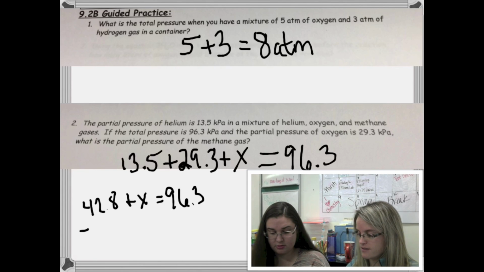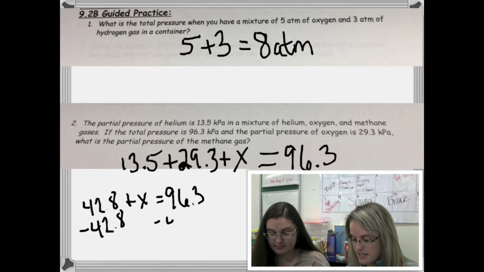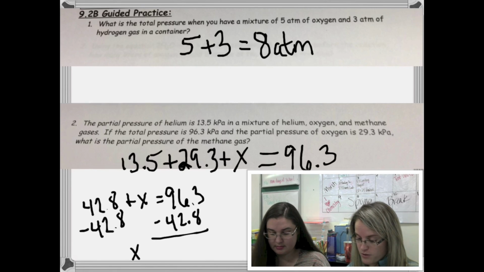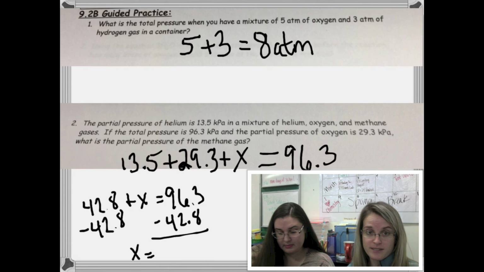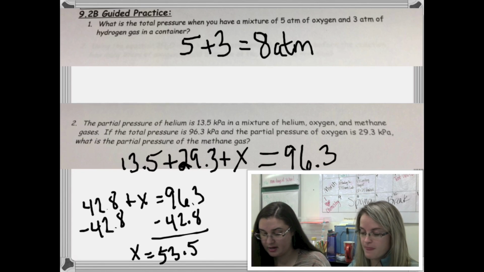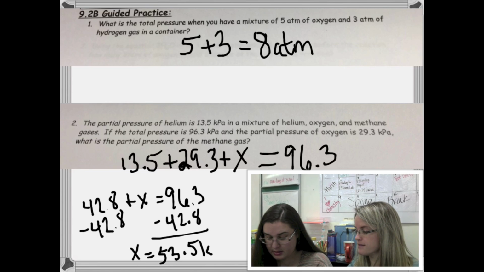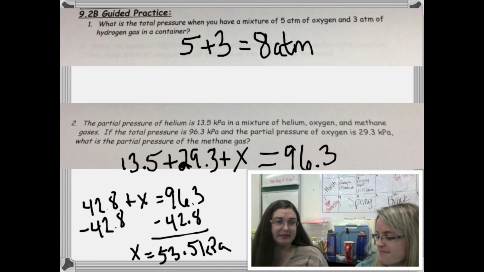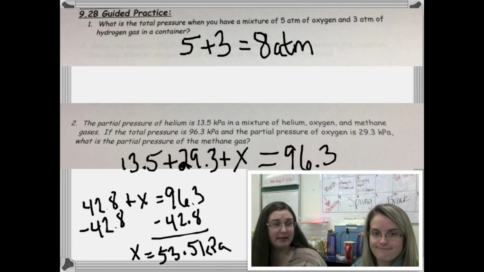I need to subtract, because I want to do the opposite of what I'm doing to X. So 96.3 minus 42.8, and my answer would be 53.5. So I have 53.5 kPa, kilopascals, for my methane. And that's it. That easy.